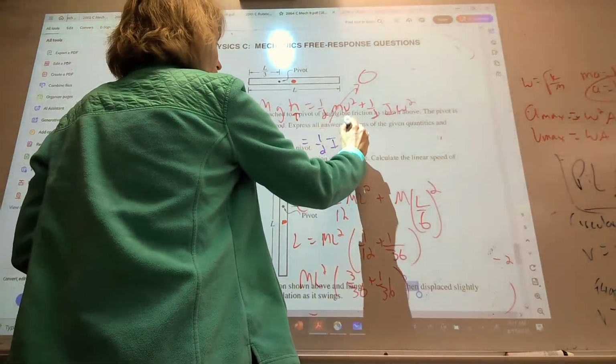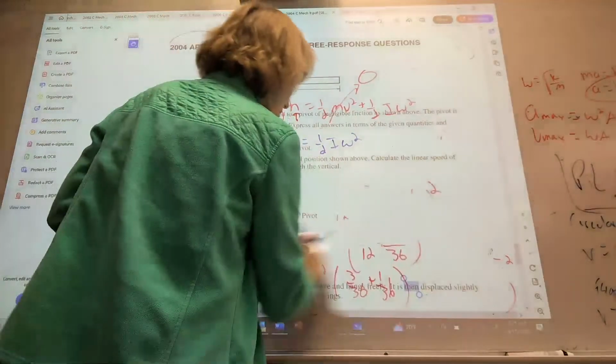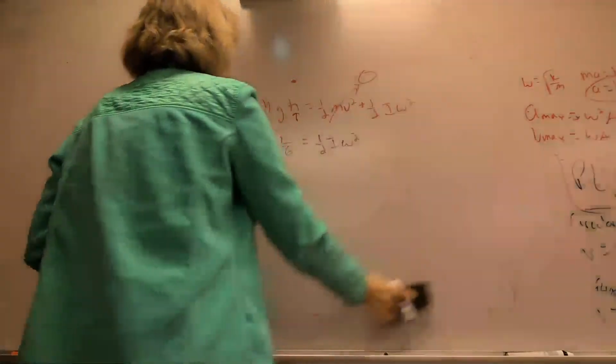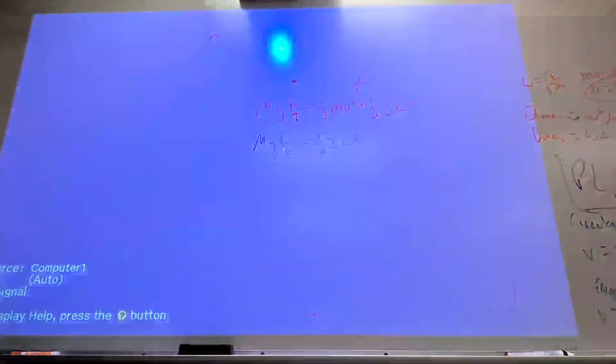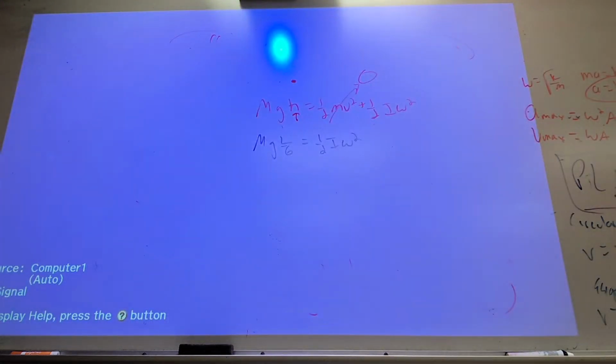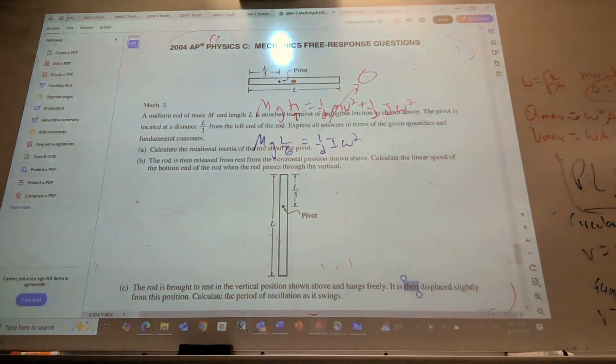You plug in for I, get rid of omega, isolate your V. You're always plugging in what you got previously, and you often get a point for plugging it in.